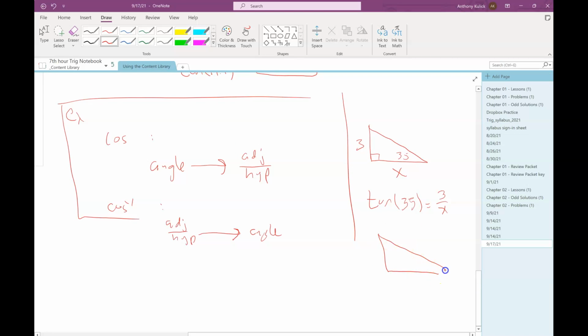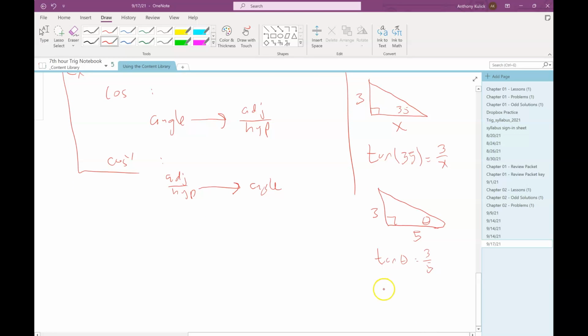But if you're given a triangle and you're trying to find the angle, here you'd say tangent theta is opposite over adjacent. So to get rid of the tangent on both sides, you do tan inverse to both sides. So that's how we get the angle back, if that's what we're looking for in the triangle.